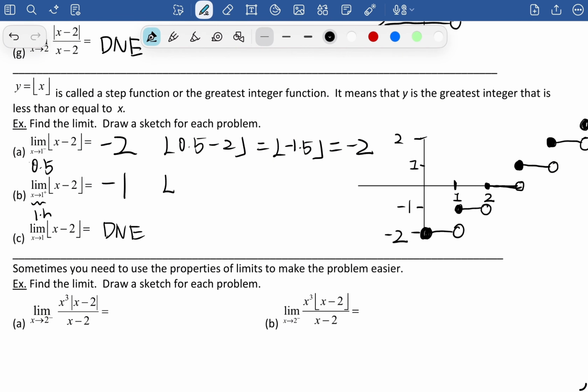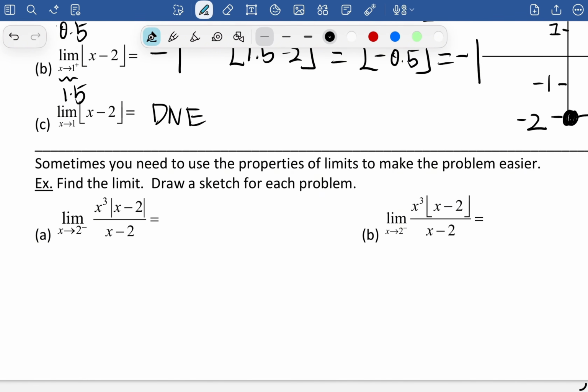Let's just say 1.5. So what is 1.5 minus 2 and the step function of it? This is simply -0.5. And we have to find the greatest integer that's less than or equal to x, and x over here is -0.5. So the value over here is -1.